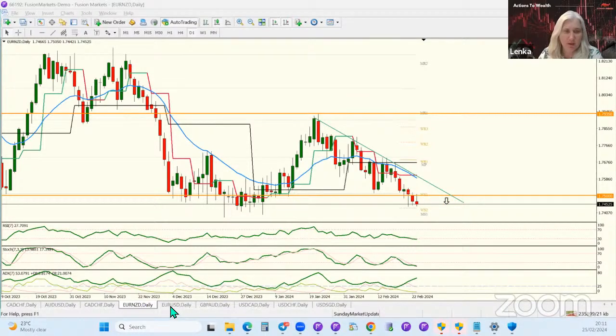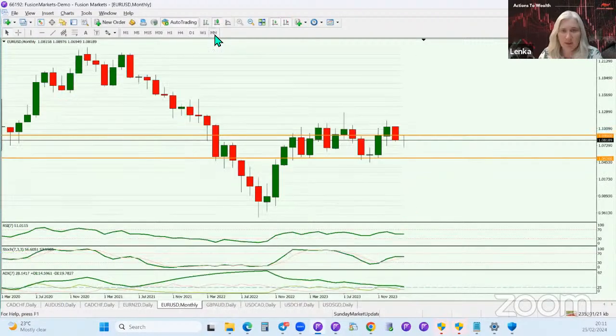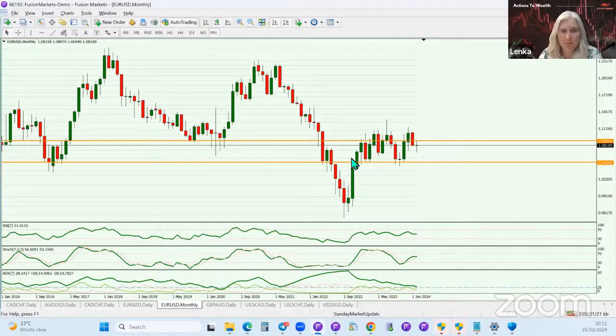Next one is Euro USD. And on Euro USD, I'm looking for short opportunities. On the monthly, we have closed back underneath that previous level of resistance.